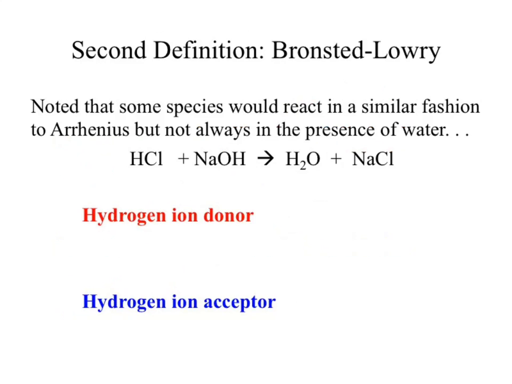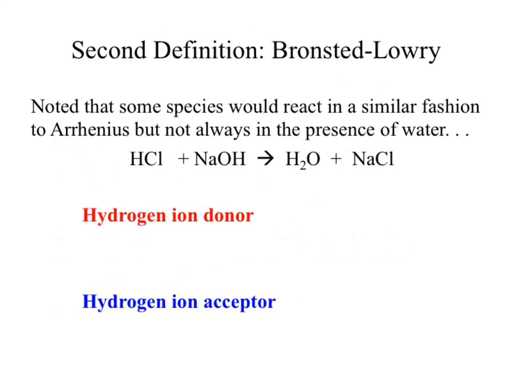Same thing as before. Okay? Exact same definition. Where our definition changes is when we move to the base. Now instead of looking at hydroxide, we look at a hydrogen ion acceptor. So what we're concerned about in this definition is the transfer of hydrogen ions from one molecule to another. If one molecule gives up hydrogen ions, we're looking at an acid. If it accepts a hydrogen ion, it becomes a base.